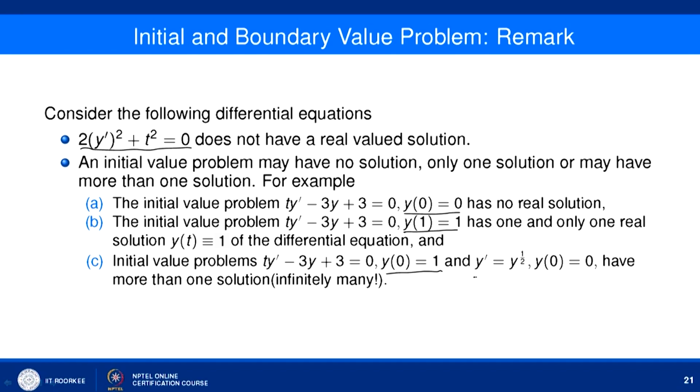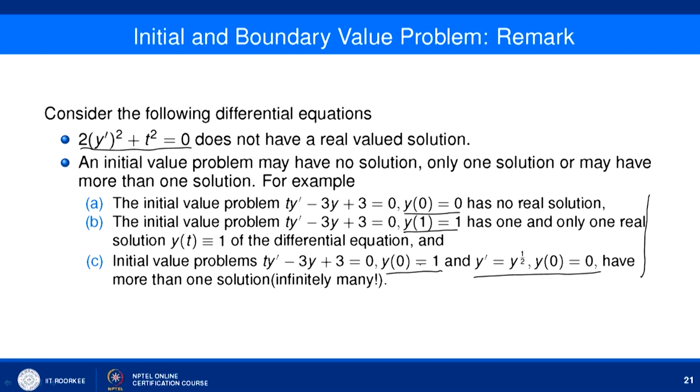If we consider one more problem, y dash equal to root y, where y(0) equal to 0, this will also have more than one solution. I am not working it out right now, and you may consider it as an exercise to verify these results.